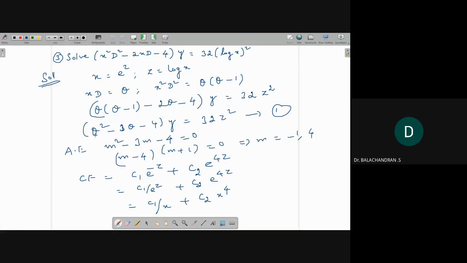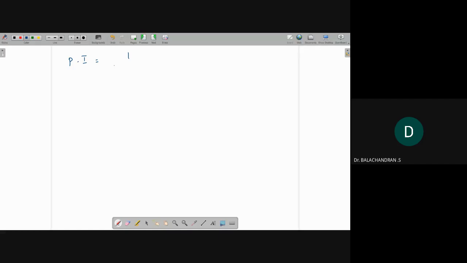So 1 by theta square minus 3 theta minus 4, right hand side is 32 z square. So it is algebraic. You should write the denominator in the form of either 1 plus x or 1 minus x. I will take the constant term out.